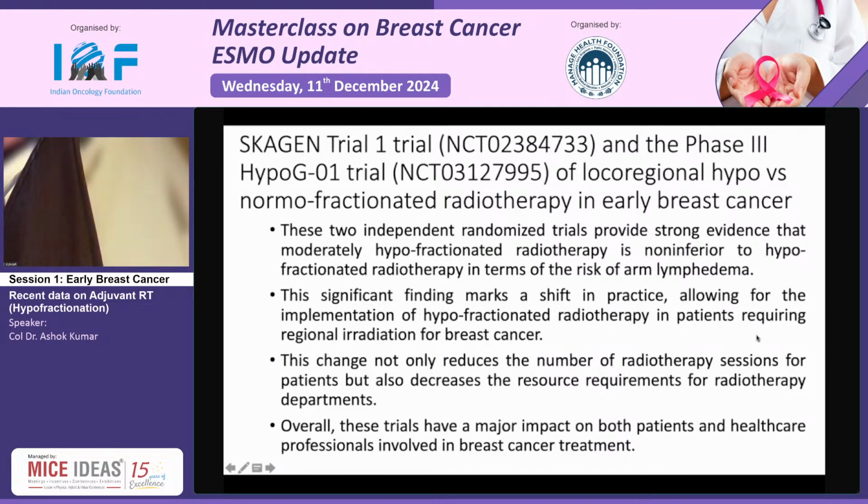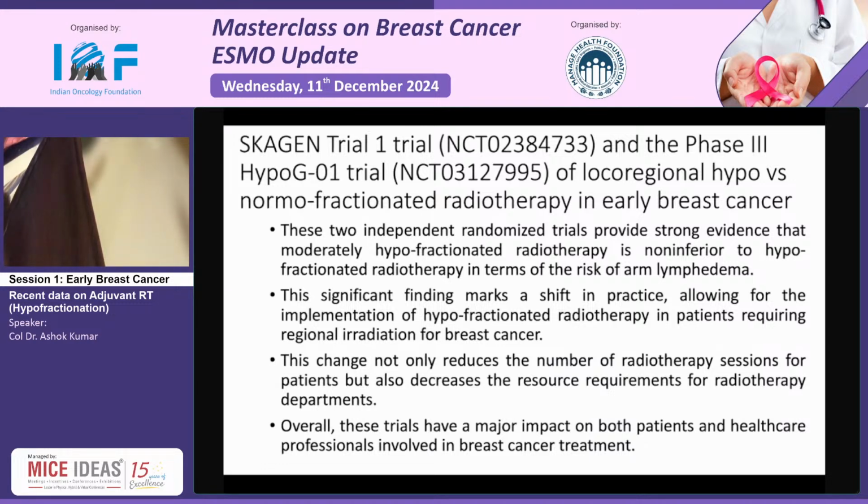The SCAGEN-1 trial and the HypoG01 trial for locoregional hypo versus normofractionated radiotherapy, these two independent randomized trials provide very strong evidence that moderately hypofractionated radiotherapy is non-inferior to normofractionated radiotherapy in terms of risk of arm lymphedema, firstly.